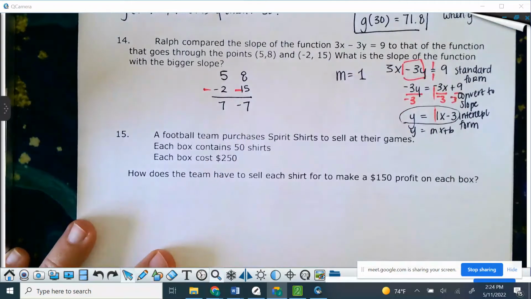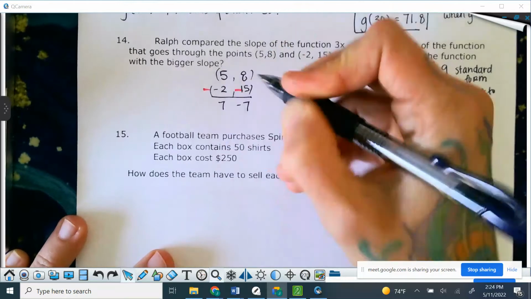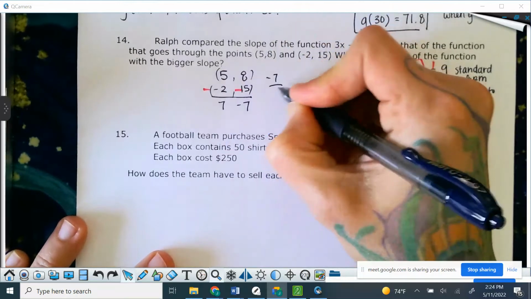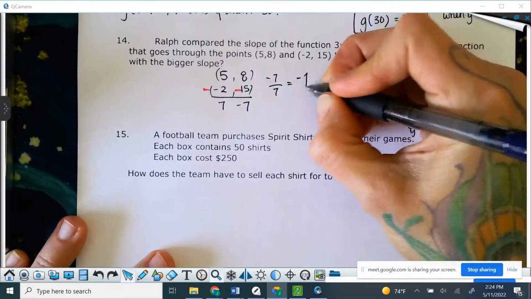Is everybody okay with that so far? And does y go on top or x go on top for slope? For rise over run, is rise y or is rise x? Yes. So remember, these are the coordinates. So -7 over 7. In this case, not a huge deal because that's going to reduce to -1.